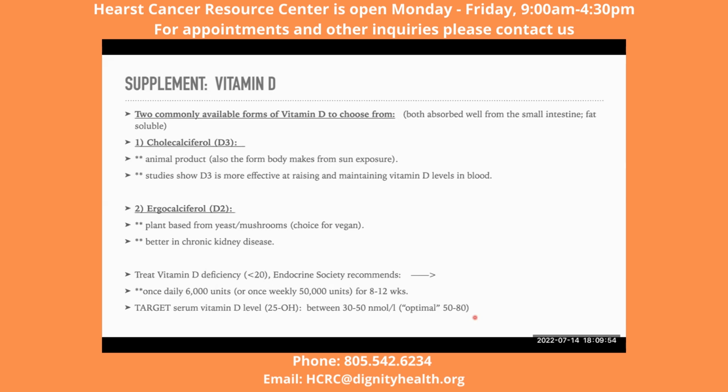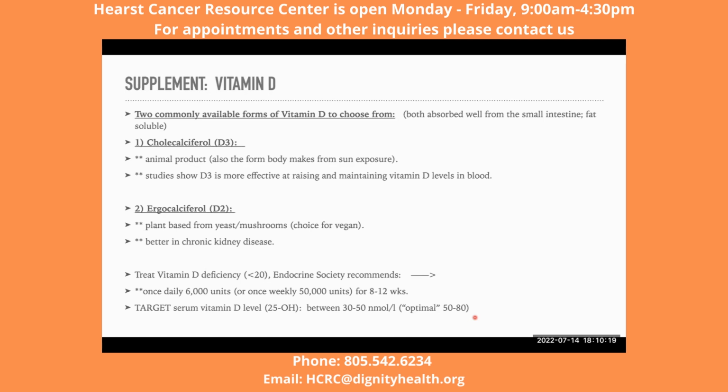So treating vitamin D deficiency, the Endocrine Society recommends that under a 20 vitamin D serum blood level, we would take a daily 6,000 units or a once weekly 50,000 units of vitamin D for 8 to 12 weeks.